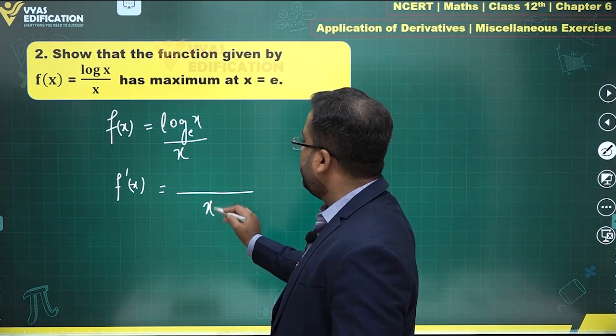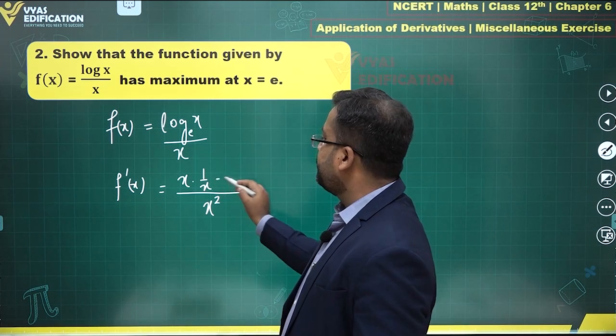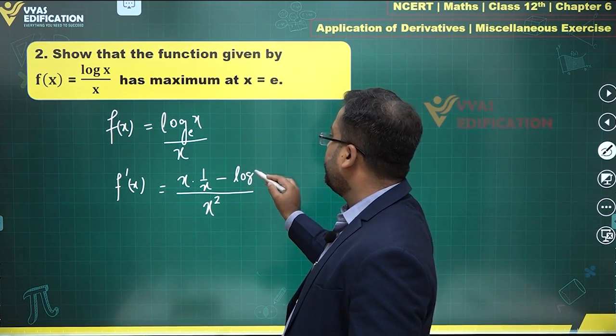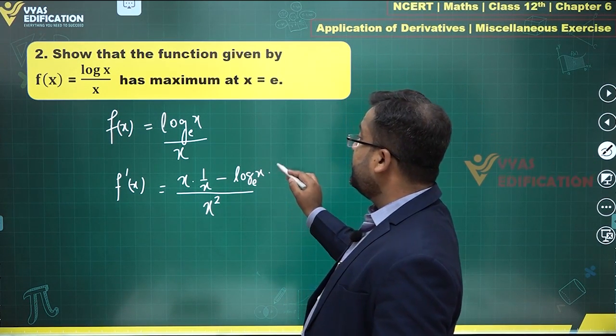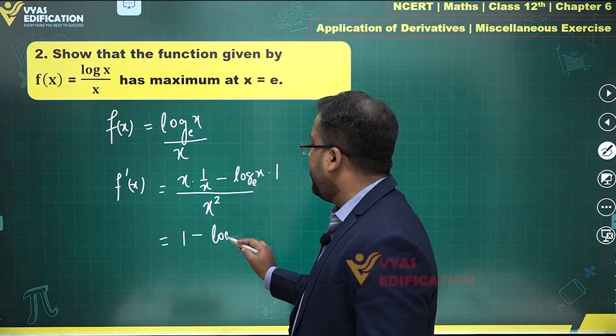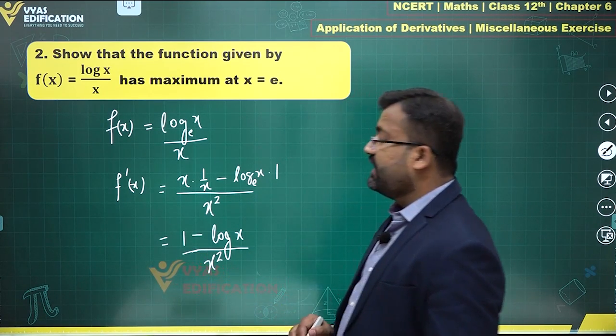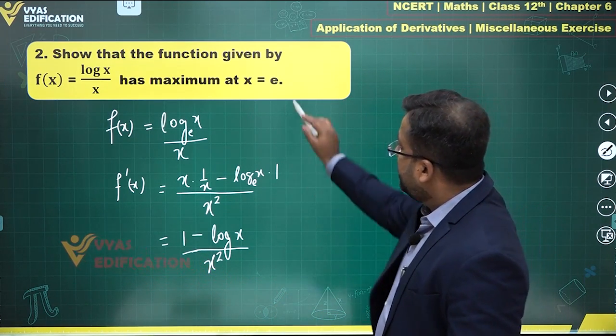This is denominator squared. Denominator times derivative of the numerator, which is 1 upon x, minus numerator times denominator's derivative, which is 1. Okay, this tells me 1 minus log x is what you get, upon x power 2 is what you have over here. This is the derivative, okay.